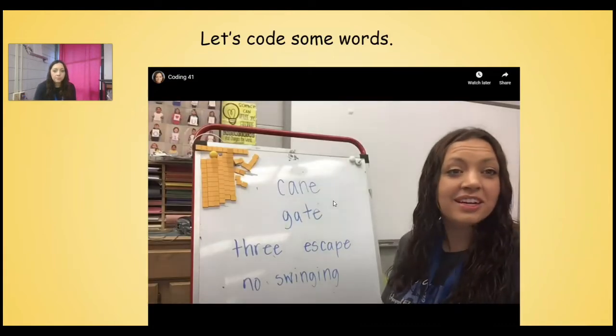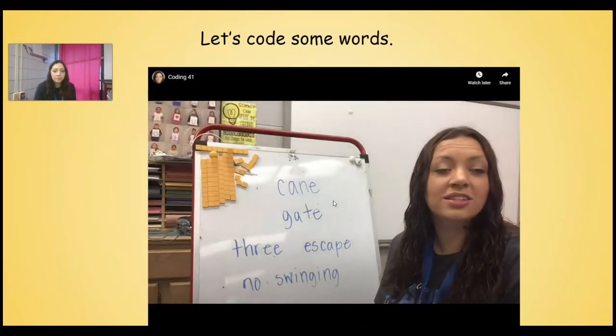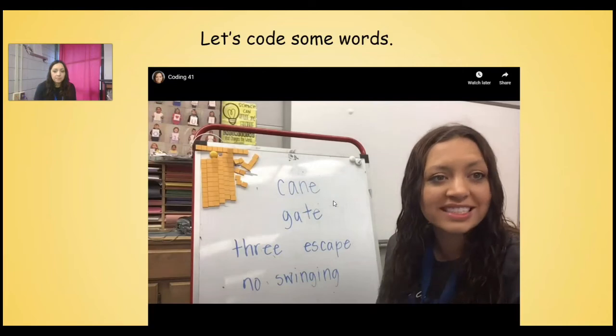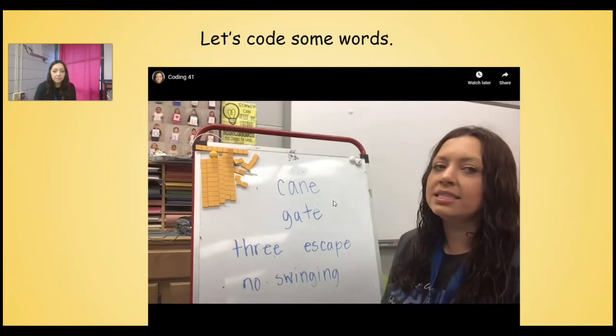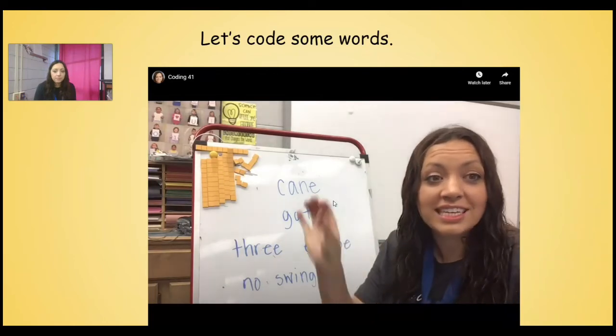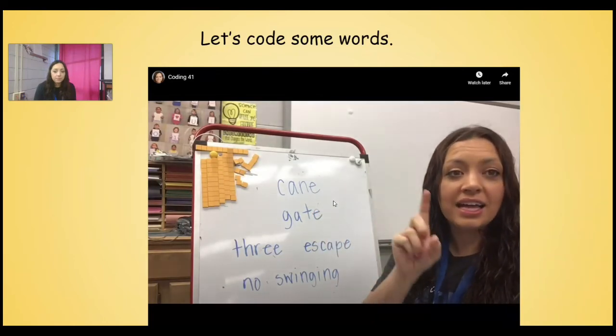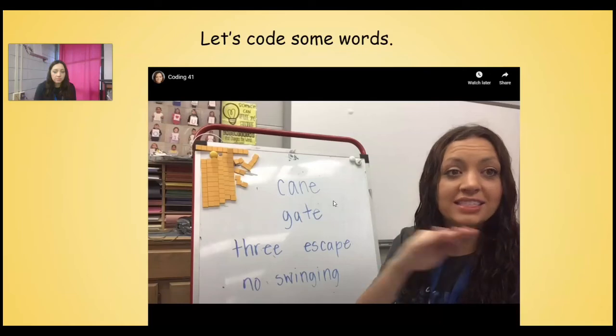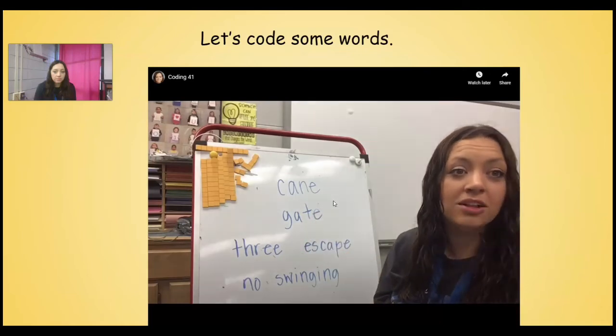Hi guys, so we're ready to code some words today, and we started something new this week. We started talking about sneaky E. And so remember that sneaky E, if he's at the end and it does the consonant vowel consonant E, then he makes that other vowel say its name, but we can't hear him, so it's going to make a long sound.